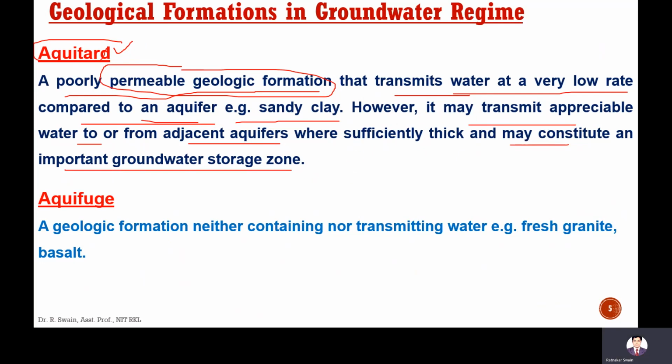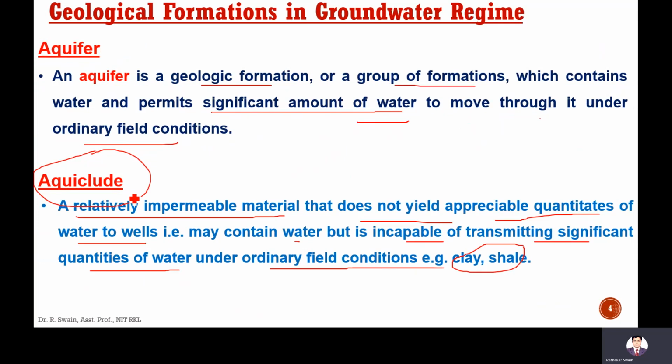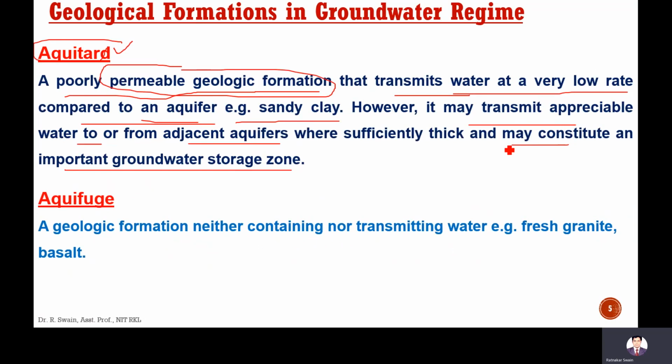Unlike an aquiclude, where water content is nearly 0 and water cannot be yielded or transmitted, in an aquitard some water content is there. It may not be sufficient, but we can withdraw some water.